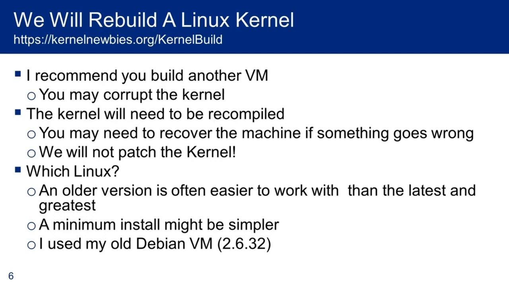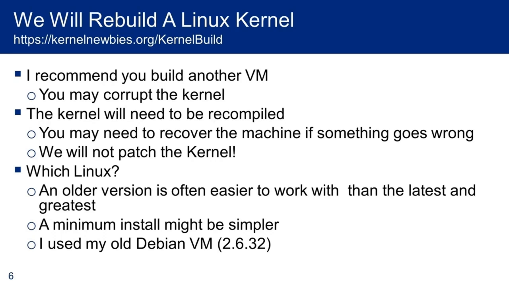For our purposes, we don't care about the patches anyway. Second, an older version of Linux may be easier to understand and work with than the most recent version of Ubuntu. In my case, I used an old Debian VM. You don't have to use Debian, but you will need to sort out the management of system calls, which may be handled differently.